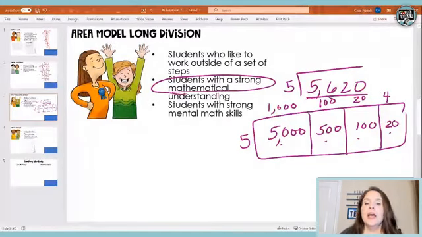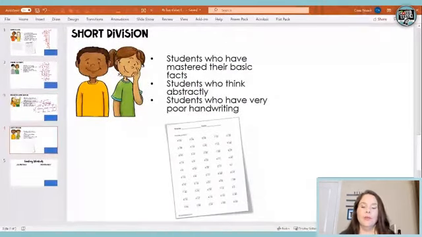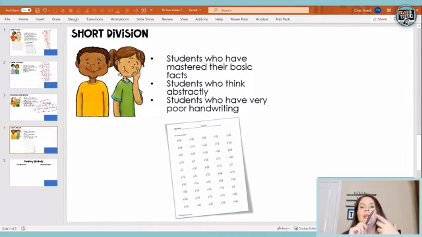Okay, so I've gone through all of the first ones, and now I've finally gotten to my favorite one, which is the short division strategy. Short division is basically where you do almost all of the math in your head. So it's really quick. But I tell my students, when we're doing math, the number one thing we need to think about is not how fast, but if it's right.